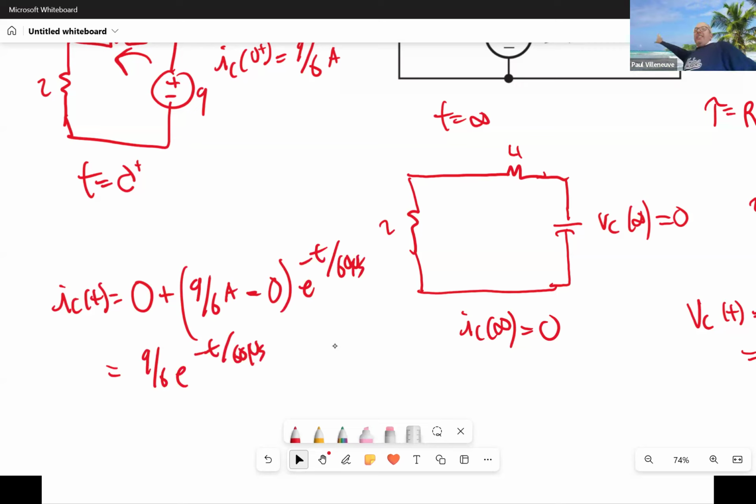So I actually did the current calculation for a very specific reason. I wanted to show you how much more work is necessary when you're solving for a parameter that can change instantaneously. In the capacitor, that's the current.